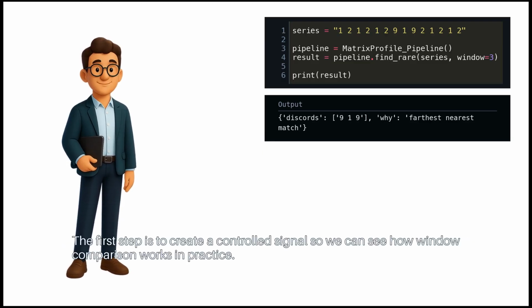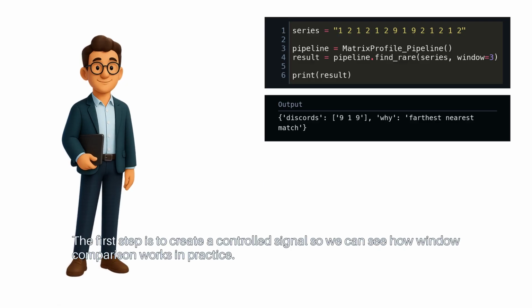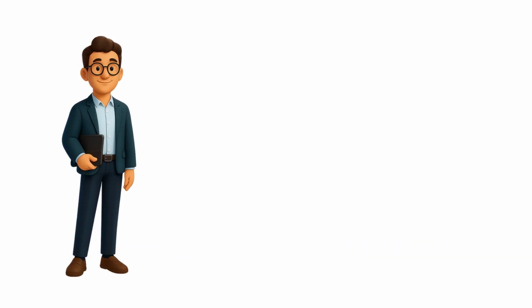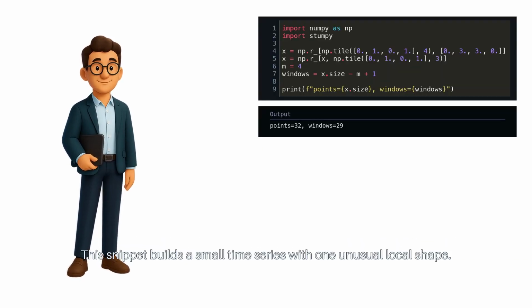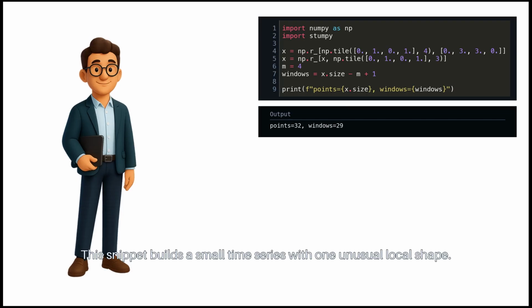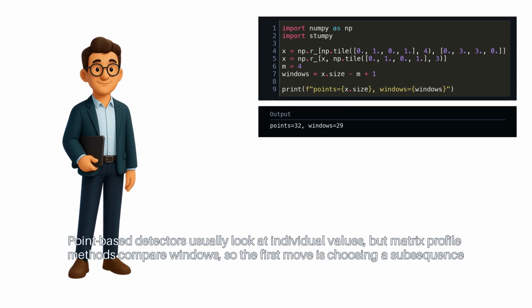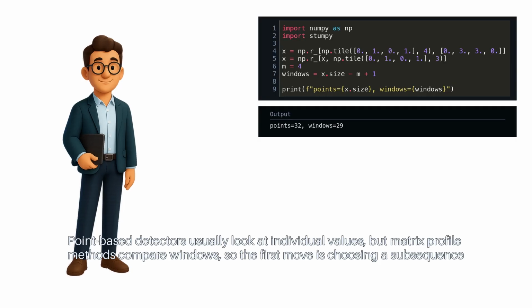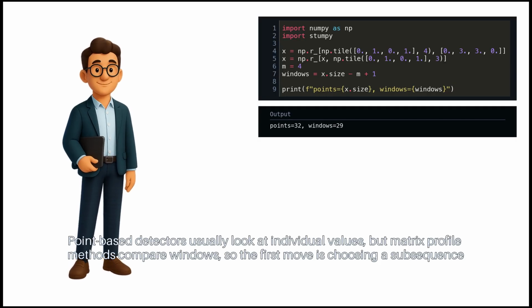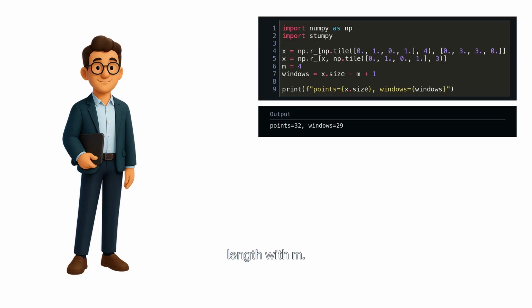The first step is to create a controlled signal so we can see how window comparison works in practice. This snippet builds a small time series with one unusual local shape. Point-based detectors usually look at individual values, but matrix profile methods compare windows, so the first move is choosing a subsequence length with m.